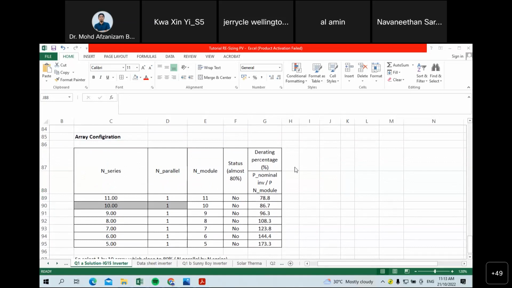So number one, 11 times 1, but 78.8. So do you agree? Say no for this question. I mean, we do not accept this one. My answer for these 11 modules is it cannot be accepted even though it gives almost 80% status.